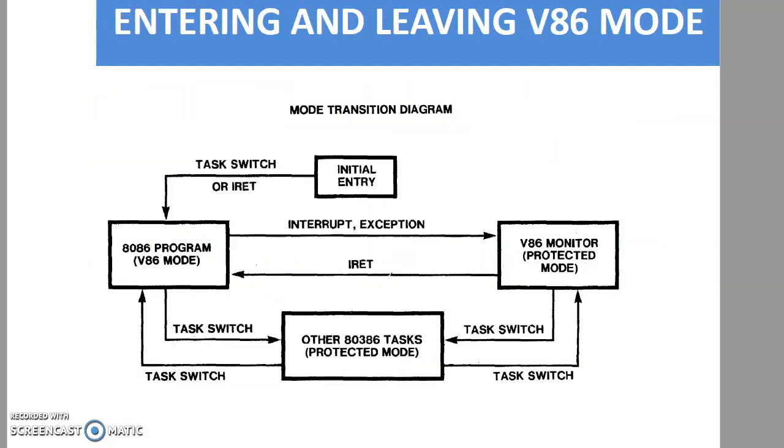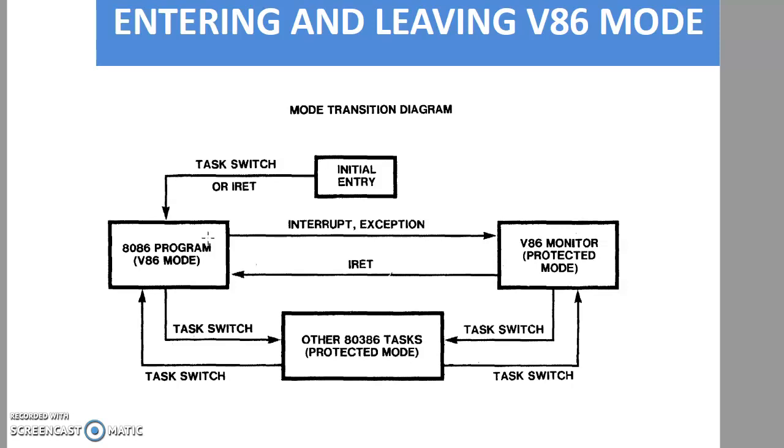This is a diagram which explains entering and leaving the virtual 86 mode, or V86 mode. It is a mode transition diagram. From the initial entry, whenever there is a task switch or interrupt return, the processor switches to virtual 86 mode, so it executes the 8086 program.